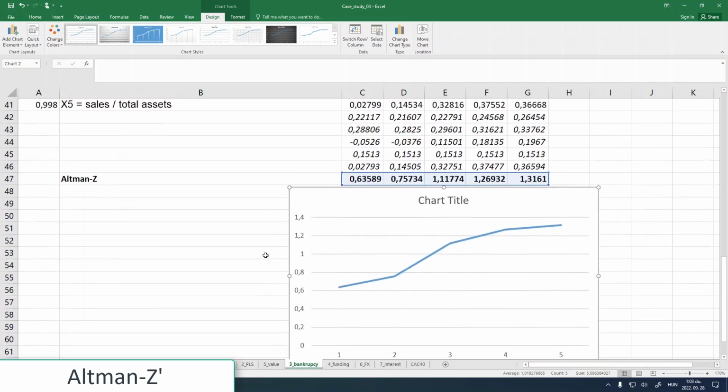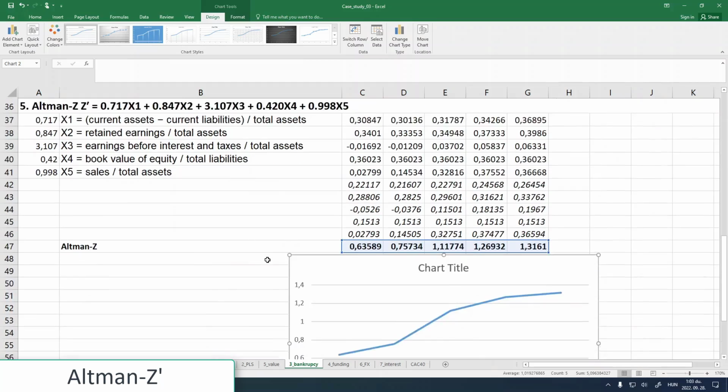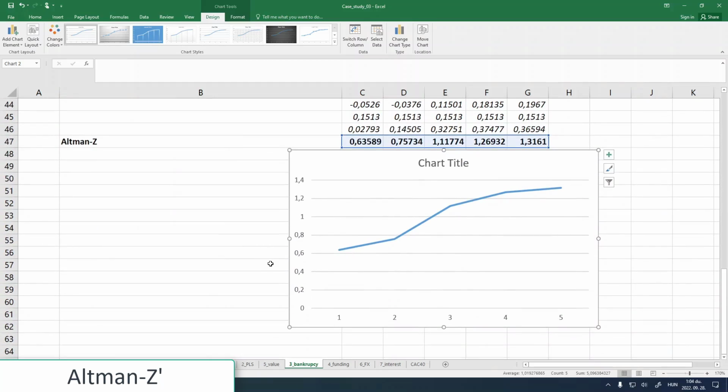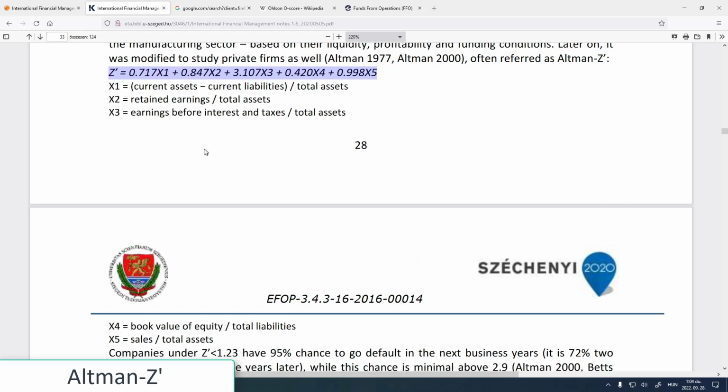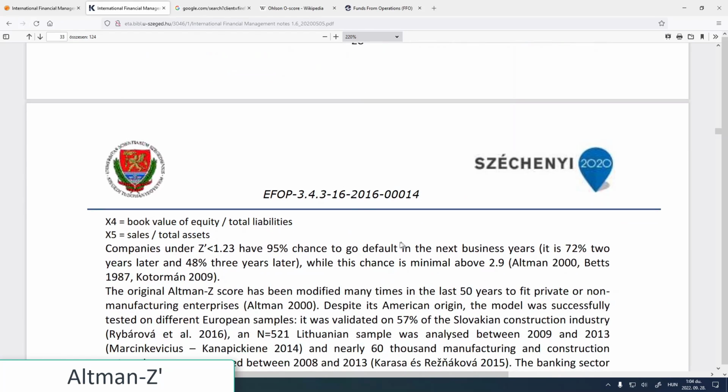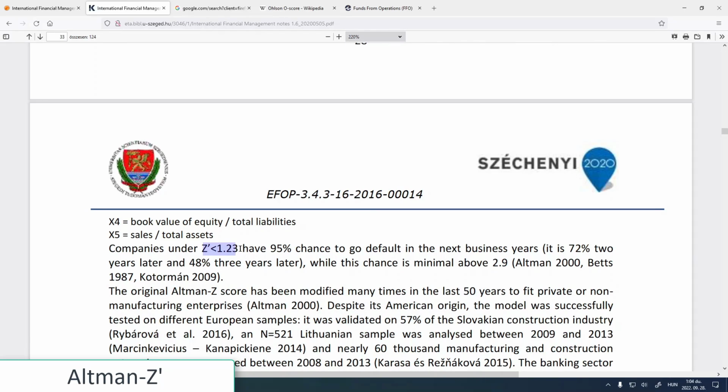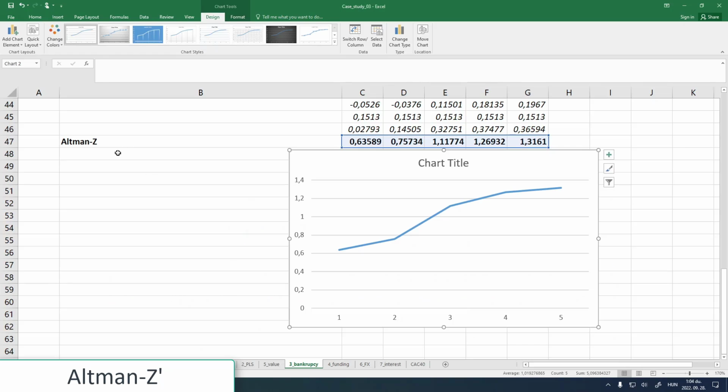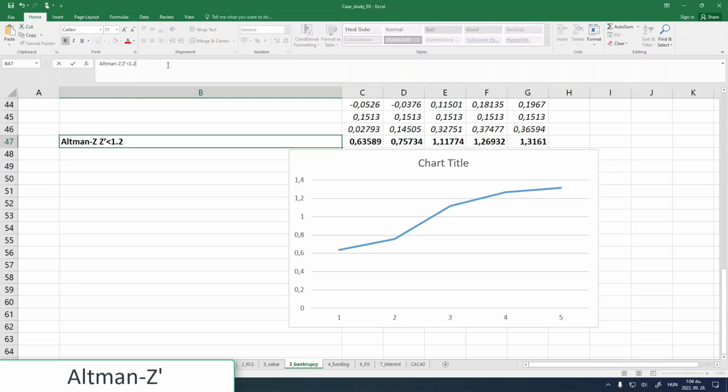Wow. This should go in another direction, I think. But what is the threshold? That's why I don't like the Z-score. Let's put it here in a different place.